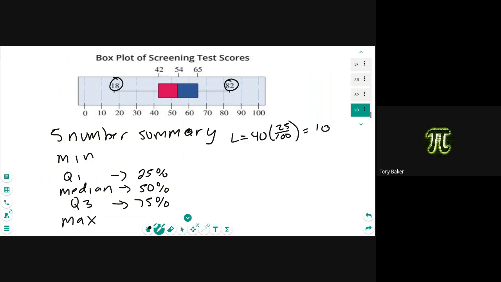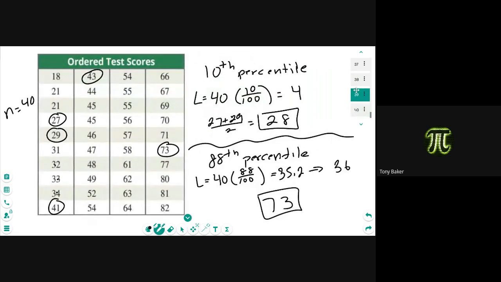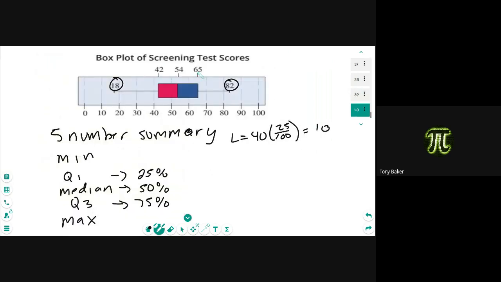Okay. The 50th would be your 54 and 54. So your median is 54. Your 75th would be 64 and 66 because it's the 30th and 31st numbers. So we have the 65 there.